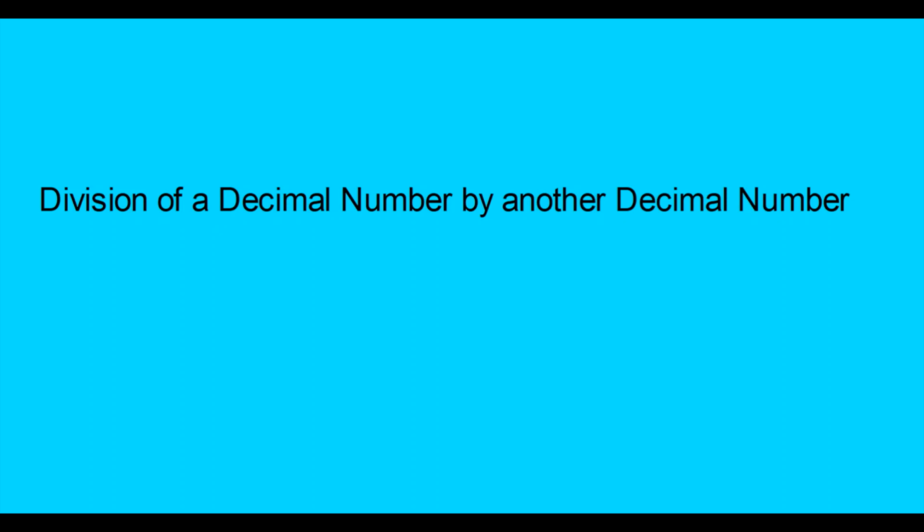You now know how to divide a decimal number by a whole number. Now let us check division of a decimal number by another decimal number. Here you have a question: 6.25 divided by 2.5. In the denominator, after the decimal one digit is there. To remove it you can multiply by 10.